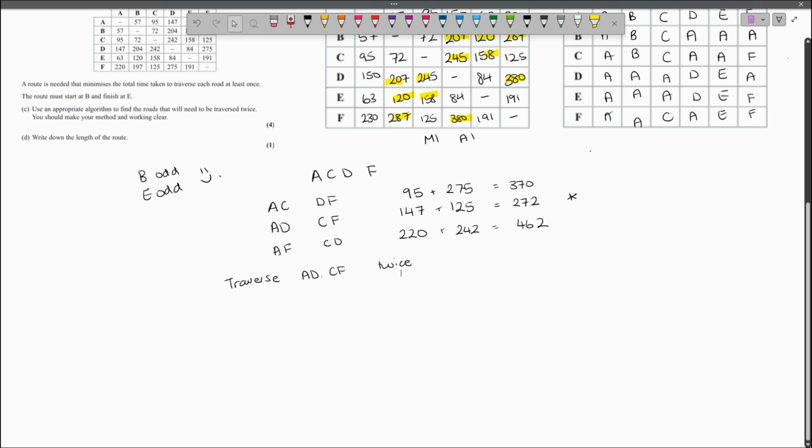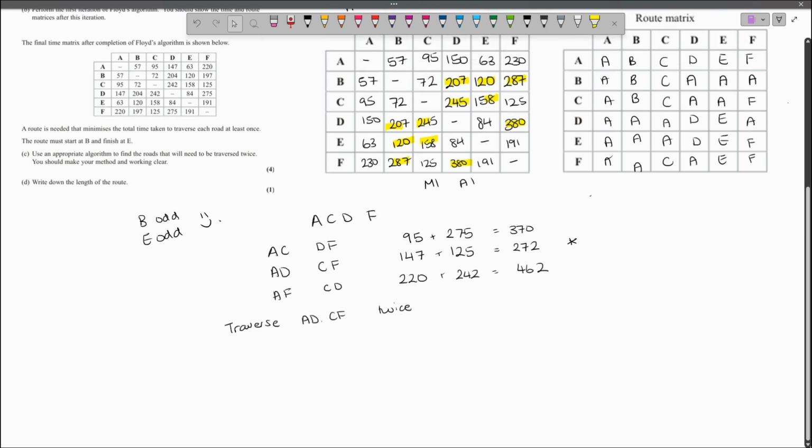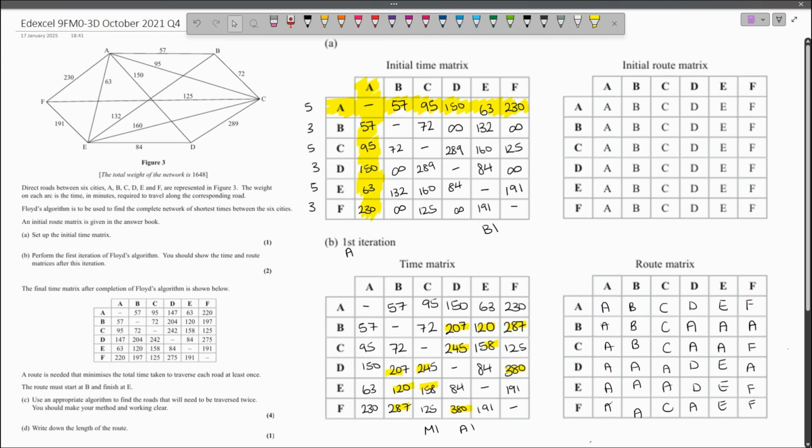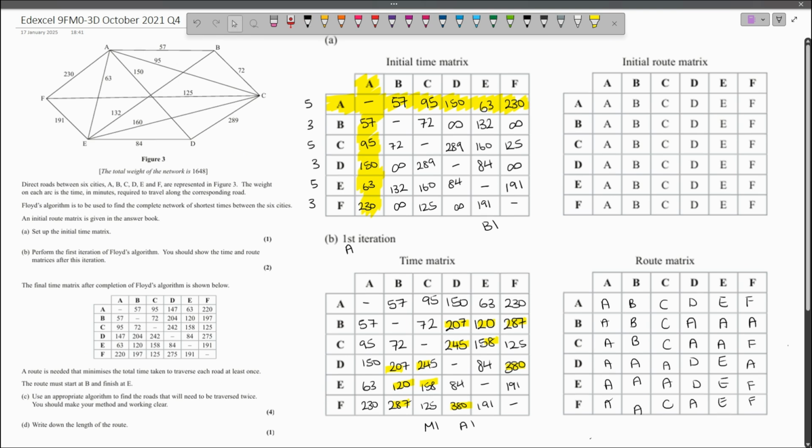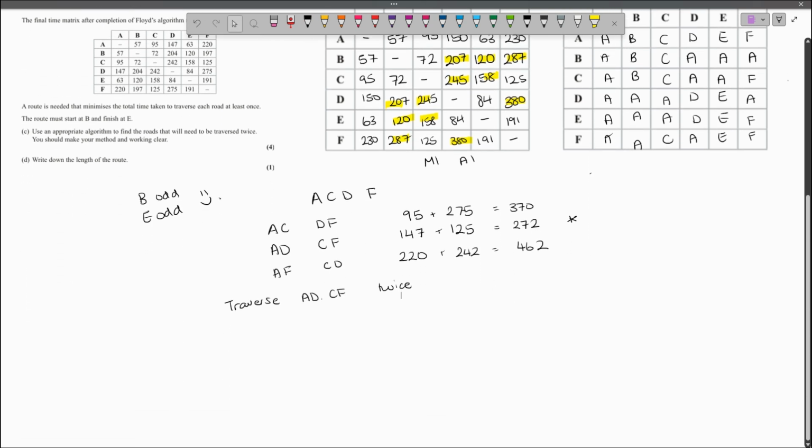So we actually need to consider where these paths are. So let's see, how can we get from A to D in a distance of 147? And I can look at my diagram. A to D is currently 150, but if I go from A to E and then E to D, that's going to give me the 147 that I'm looking for.